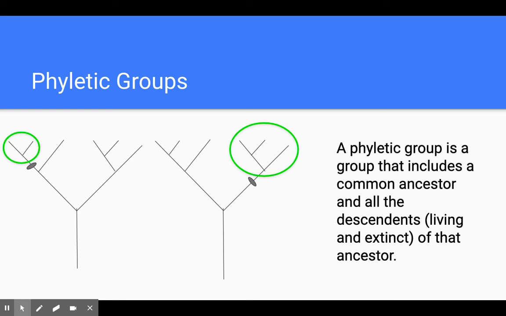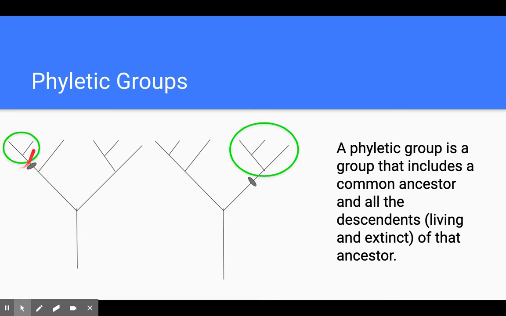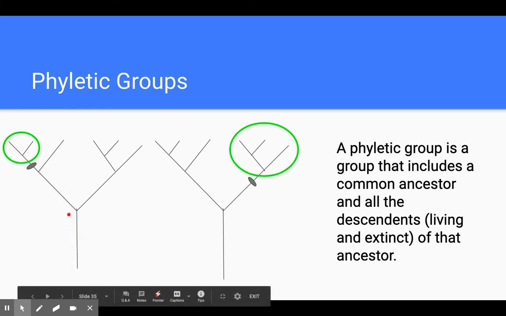Typically, phyletic groups have to be shown with a node or a derived characteristic, and they have to have a direct path to the common ancestor. So these two, because they share this common trait and have a direct path to the common ancestor, these two would be considered a phyletic group.